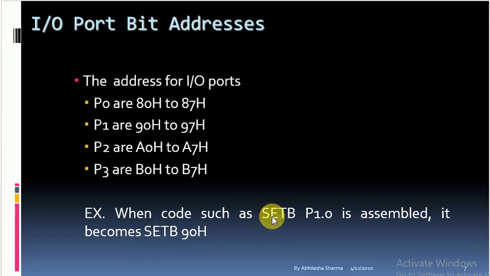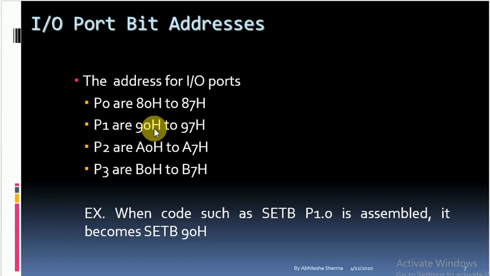Either you write SETB P1.0, or you write SETB 90H. Basically, what is this 90? It denotes the first bit of port 1. Is it okay? 90 denotes the first bit of port 1.